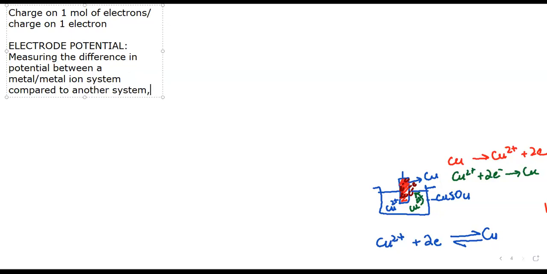So we generally compare it to hydrogen. That's the one that we normally compare it to. Those are the standard electrode potentials that you will find in your data booklet. The values you see in your data booklet, the values we are going to use for solving our past paper questions, are all in comparison to hydrogen.